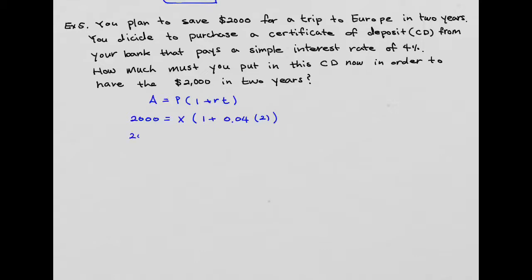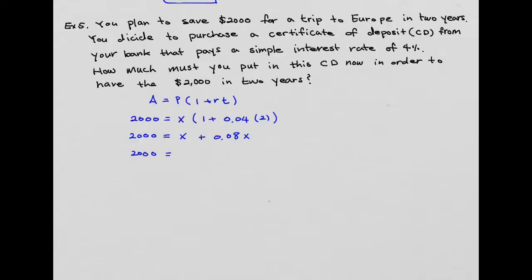And let's open the parentheses by distributing X. And then you're going to get plus 0.04 times 2, which is 0.08, times X. And this is going to still be 2,000 on the left side.